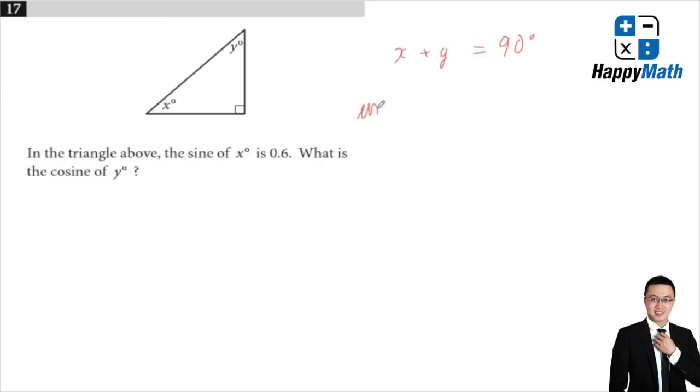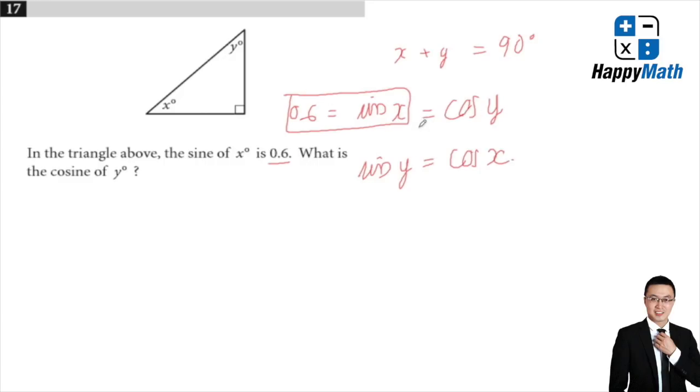I mean, if two angles are complementary, the sine of this angle will be equal to the cosine of the other one, or the sine of the other one will be equal to the cosine of this one. So when sine x equals 0.6, the sine of x will be equal to cos of y, because the two angles here are complementary. So cos y will be equal to 0.6 also.